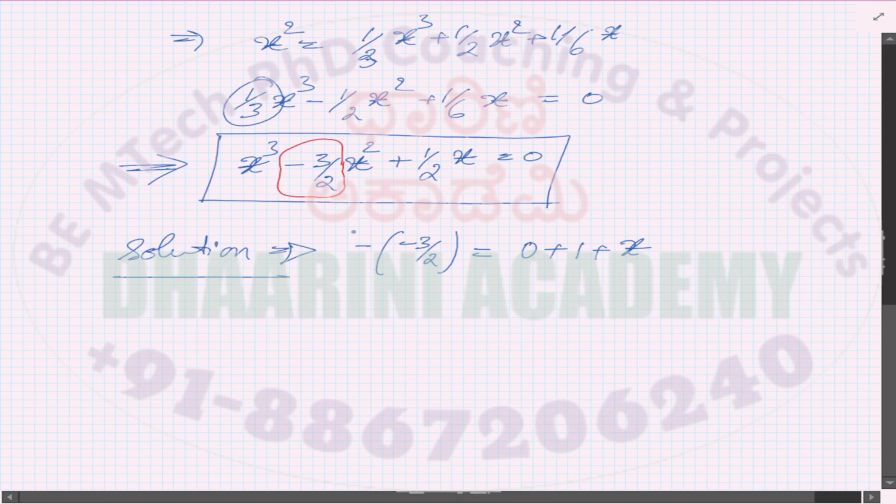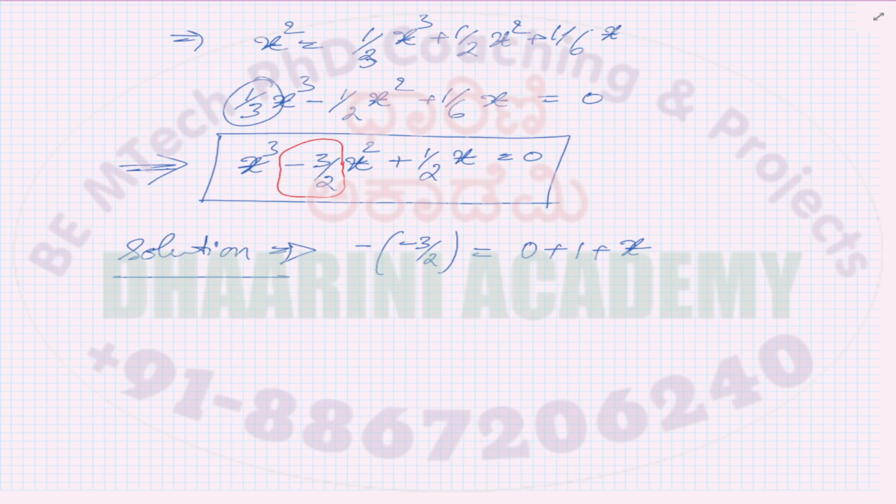That is the rule we have derived in the basics: the sum of your roots is equal to the negative of the x square coefficient. Okay, this is one rule, right? It's very useful to solve cubical equations. You don't have to keep solving the whole equation. Simply you do this, you get the answer.